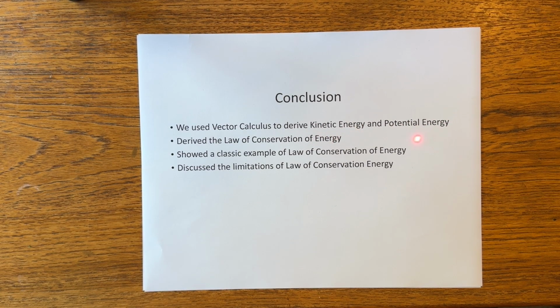It was eye-opening to me how that worked. We then used those concepts to derive the law of conservation of energy. We showed a classic example of the law of conservation of energy, which is that swinging pendulum. And then finally, we discussed the limitations of the law of conservation of energy in this talk.